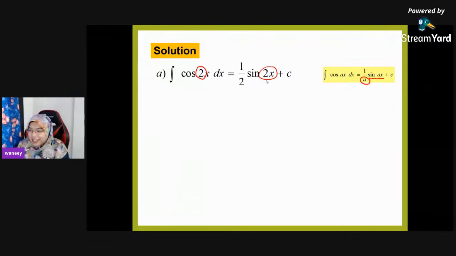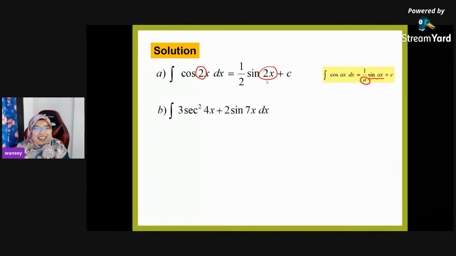Now B. We have the integral of 3 secant square 4x plus 2 sine 7x dx. So we're going to refer to the formula. We have a secant square, referring to the basic rule. For secant square, what is the formula? And then we have a sine over here. What is the formula?